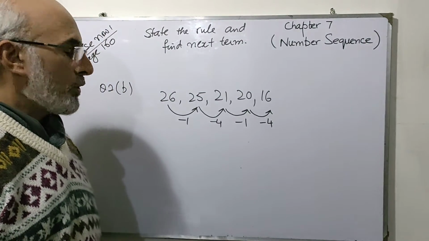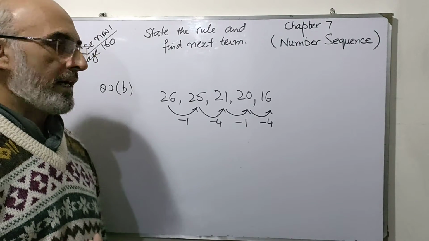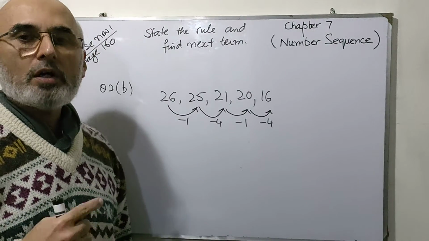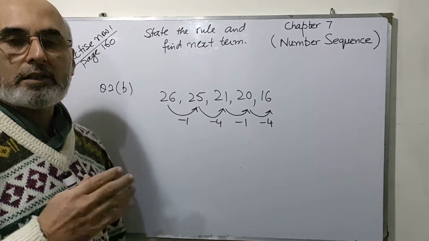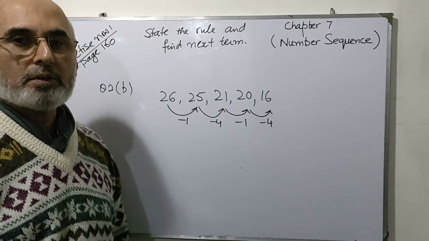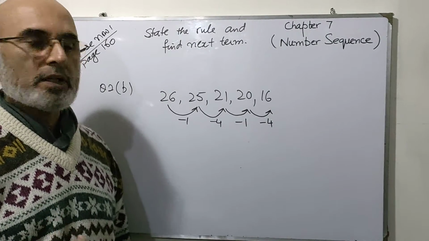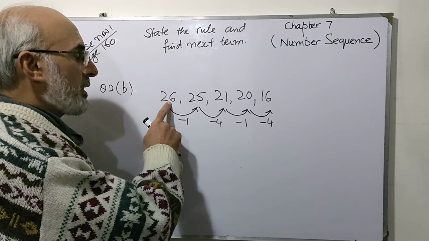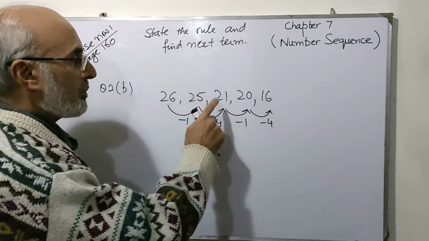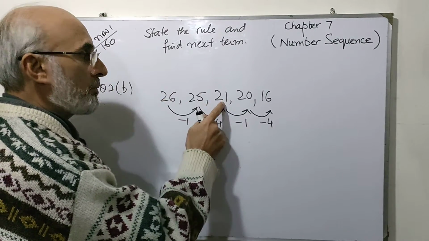Okay, so to figure out the rule, we see that -1 is added to alternate numbers, or another way we can say that -4 is added to alternate numbers. Now how do we say that this rule is going to work? So from term 1 we subtracted 1. From term 3 we subtracted 1. So this is term 1, this is term 3.